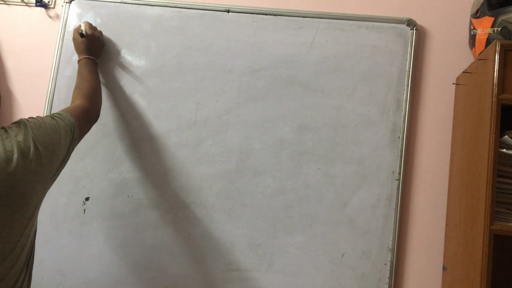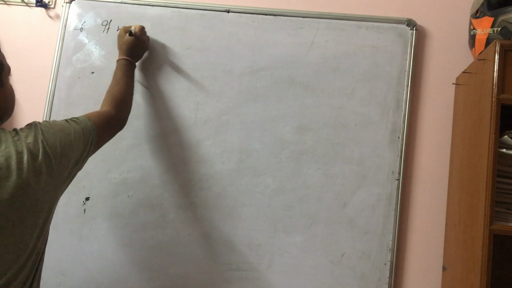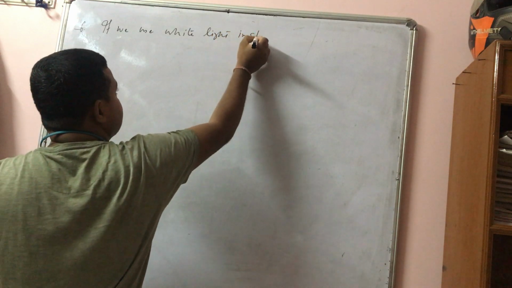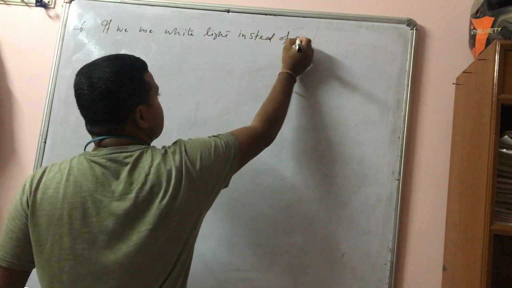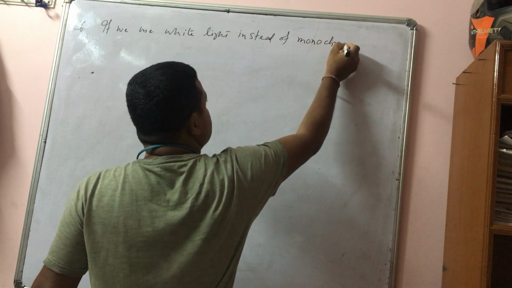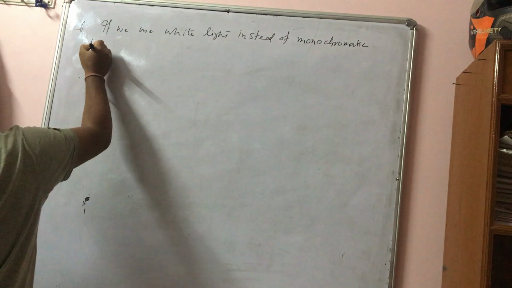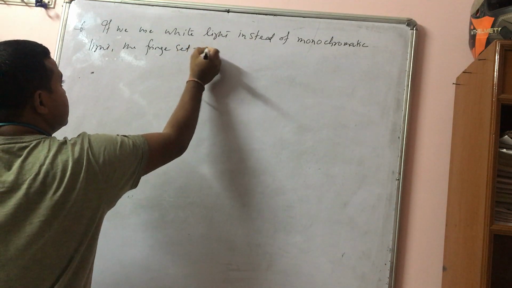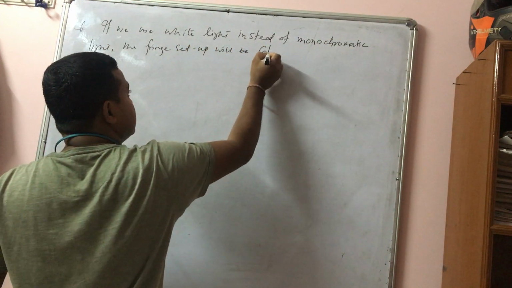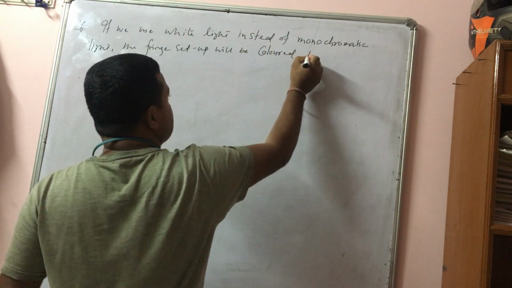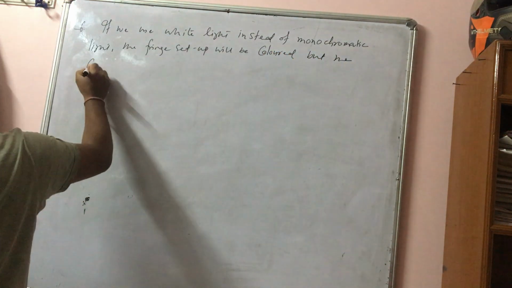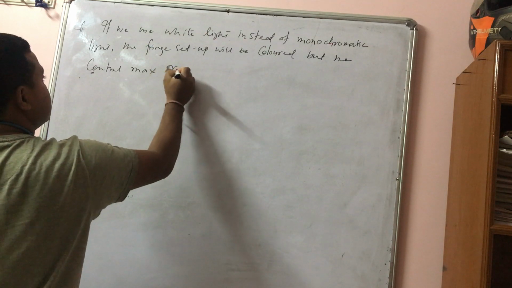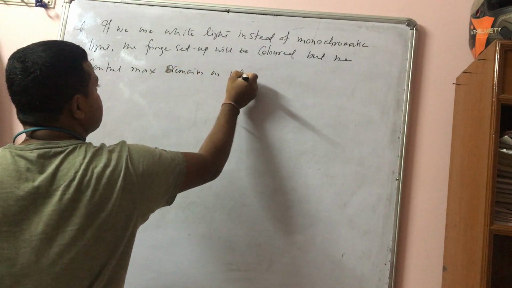Okay. So you can see that if we use white light instead of monochromatic light, the fringe setup will be colored, but the central maximum remains as white.